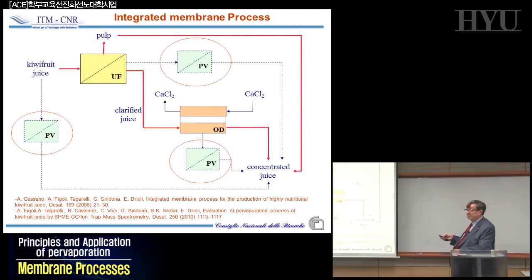Again, in real life, and not in the army, membranes are also quite interesting for some applications where they are already used, and that's much more interesting. This is a typical integrated process for the production of high concentrate juice. Juice means also wine, by the way.